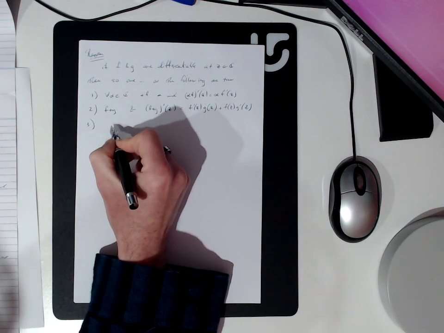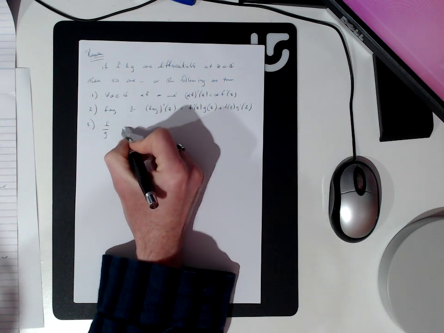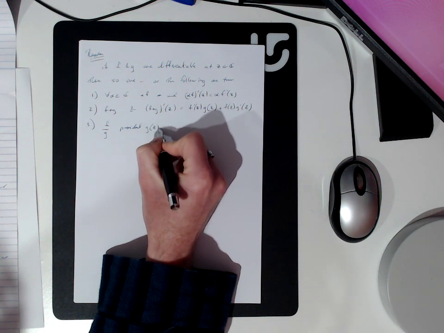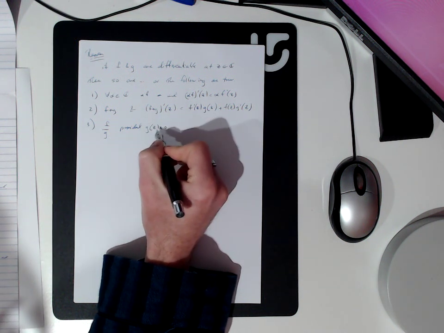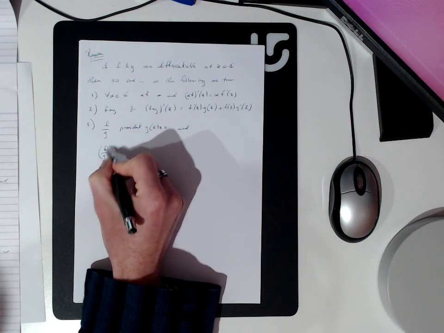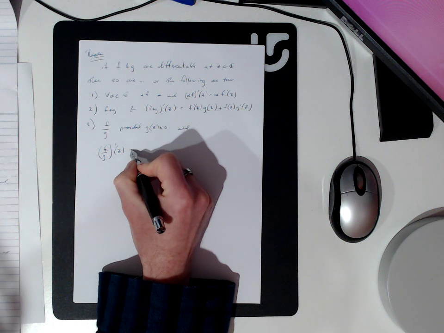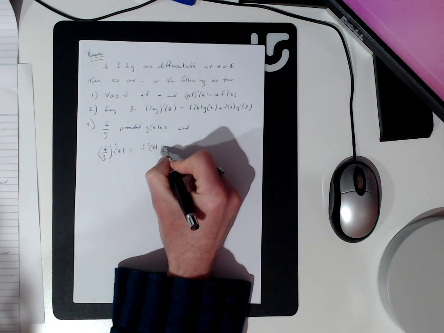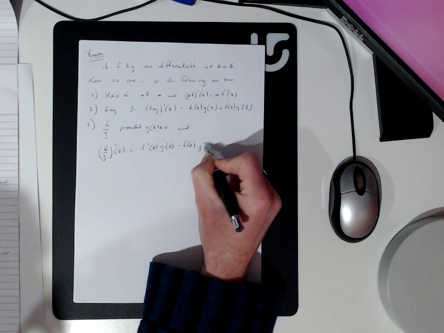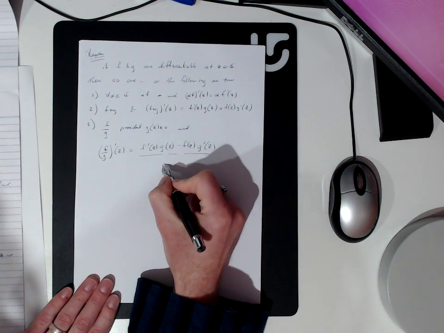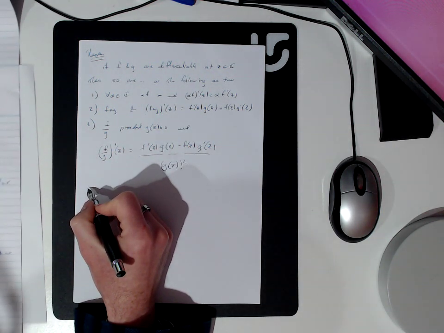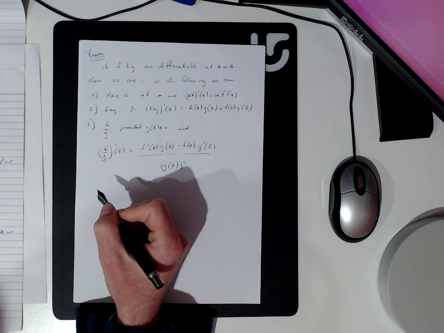Three, f over g is differentiable, provided that g(z) is not equal to 0. This needs to be defined, so we need this. And so we have the quotient rule: the derivative of f over g evaluated at z is (f'(z) g(z) minus f(z) g'(z)) divided by g(z) squared.